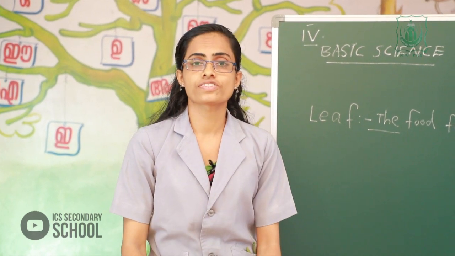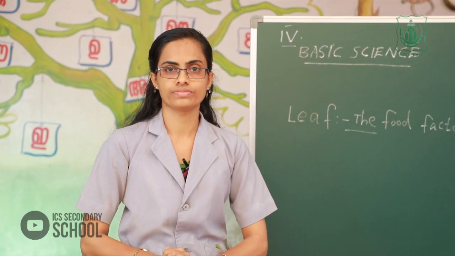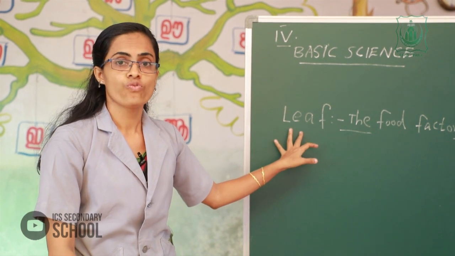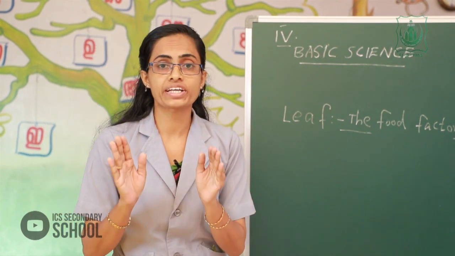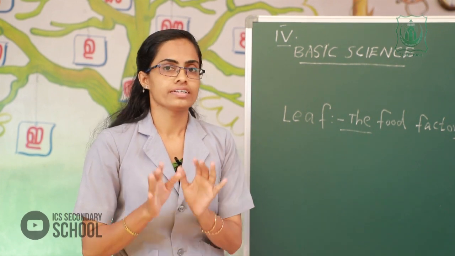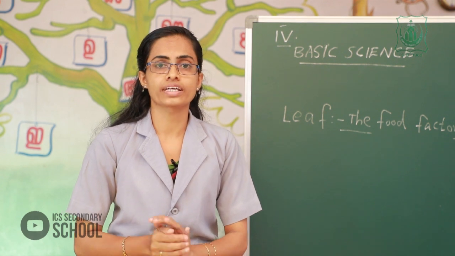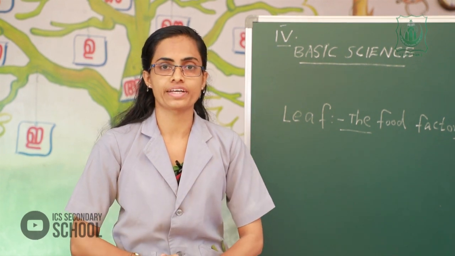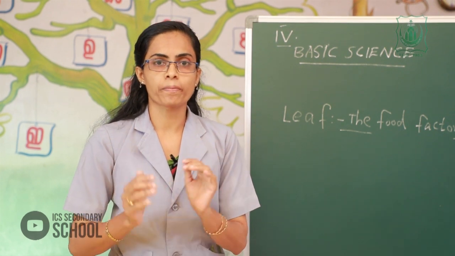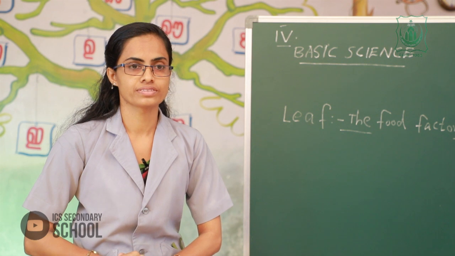The last class we discussed the structure of a leaf. Today, my question is: why are leaves called the food factory of the plant, or the kitchen of the plant?